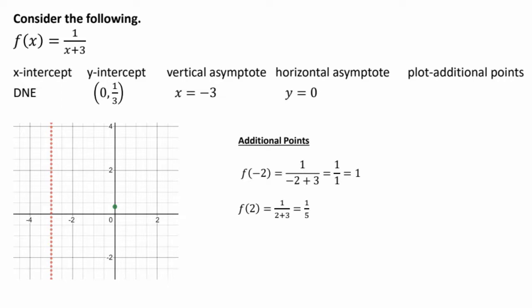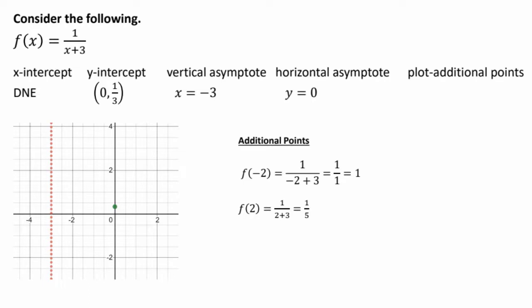What I like to do is pick some points that are either to the left or right of my asymptotes. So here I'm going to pick -2. When x is equal to -2, what is my y value? My y value is 1.